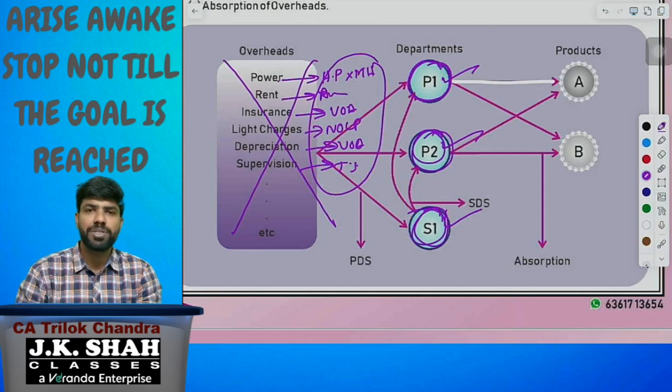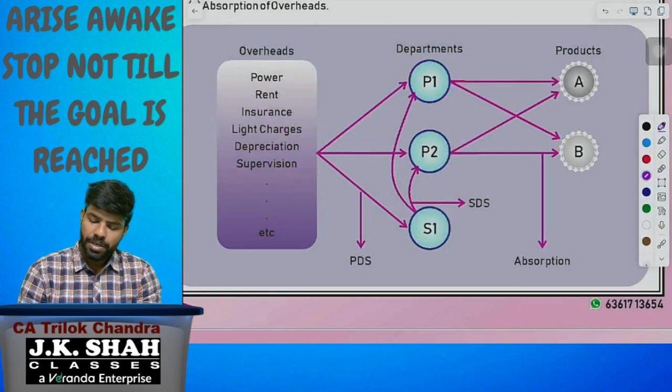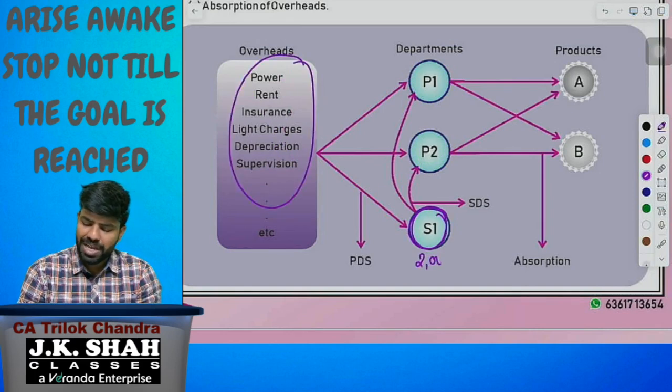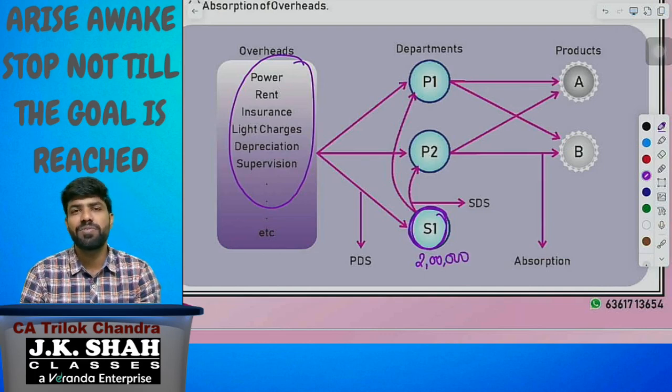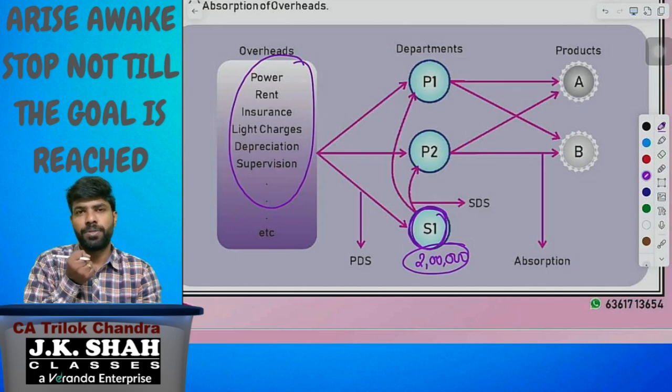After doing primary distribution summary, we have to do the secondary distribution. What does secondary distribution mean? Please understand. In case of a service department, whatever cost is apportioned, let me take an example. From all these expenses, 2 lakh rupees has been apportioned to the service department. This 2 lakh rupees has to be recovered.